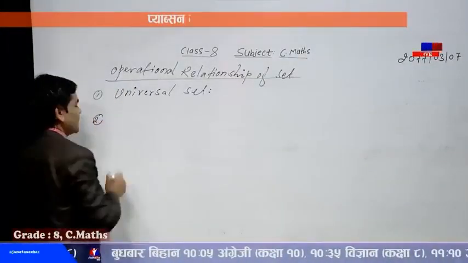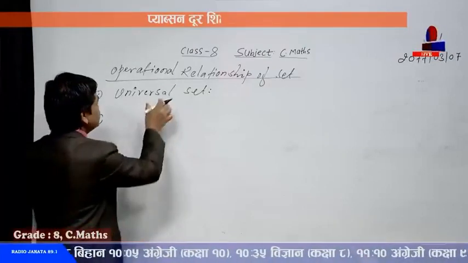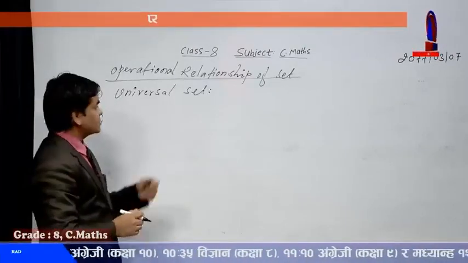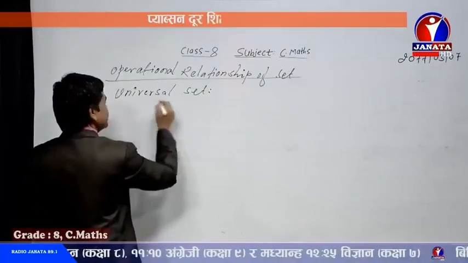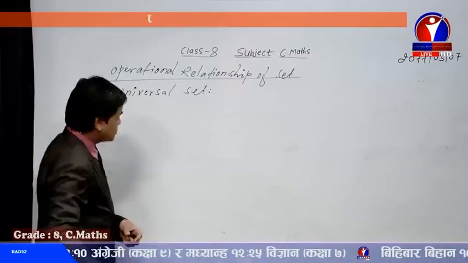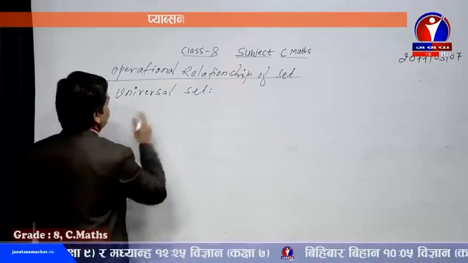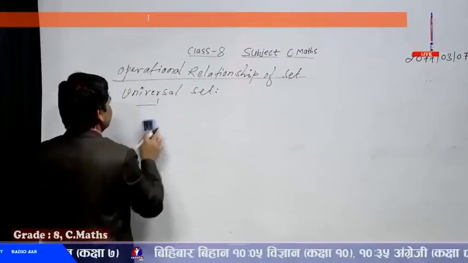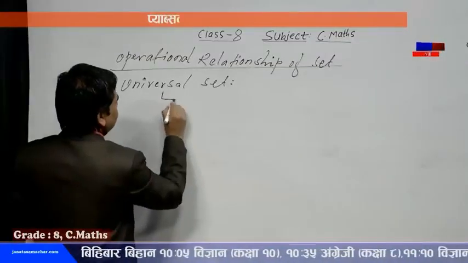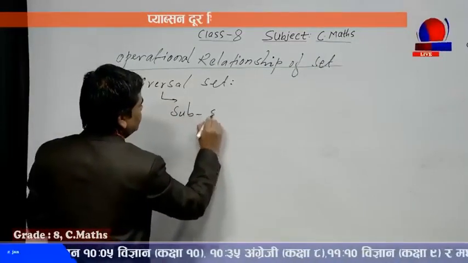Another one is that it has branches, dear students. Universal set has subsets. So directly after writing the universal set, I want to focus on the branches of it. Sorry, only one branch we can keep here. That is subset.